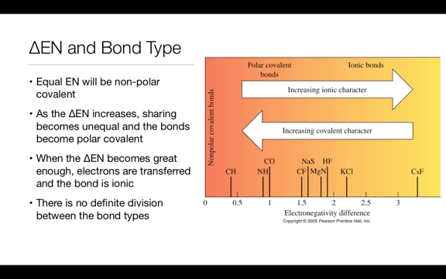There's no division between where polar and nonpolar covalent bonds begin and end. It's more of a spectrum. We know what orange looks like and we know what yellow looks like, but where does yellow stop and where does orange begin? Since there's no set division, there's a little bit of a gray area in the sense that we have to look at other factors besides just electronegativity.